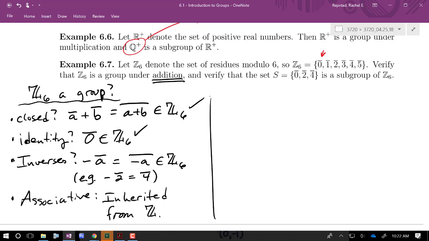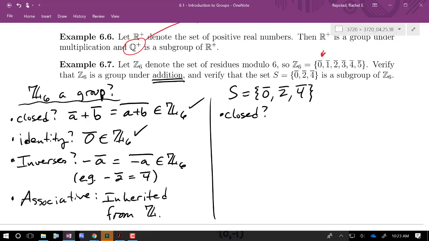So let's see, is it closed? When we're looking at just these few, this would be fairly simple to work out by brute force.